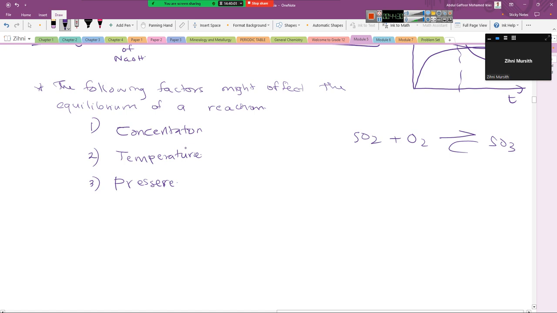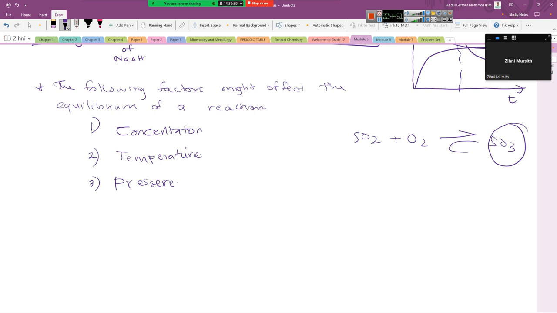This is an equilibrium reaction. Now in this process we will increase the temperature to produce more SO3, since this is an exothermic reaction. We are going to analyze quantitatively and qualitatively how the reaction will proceed.